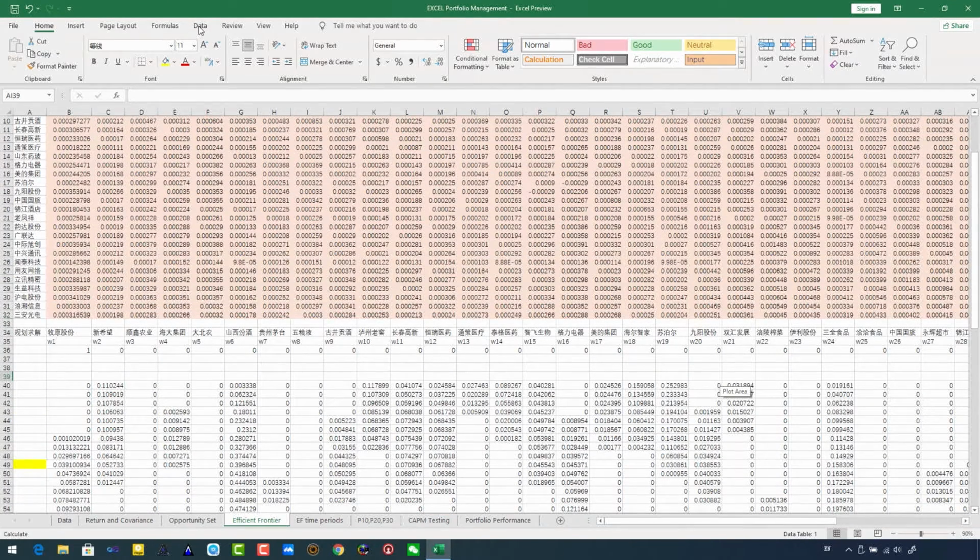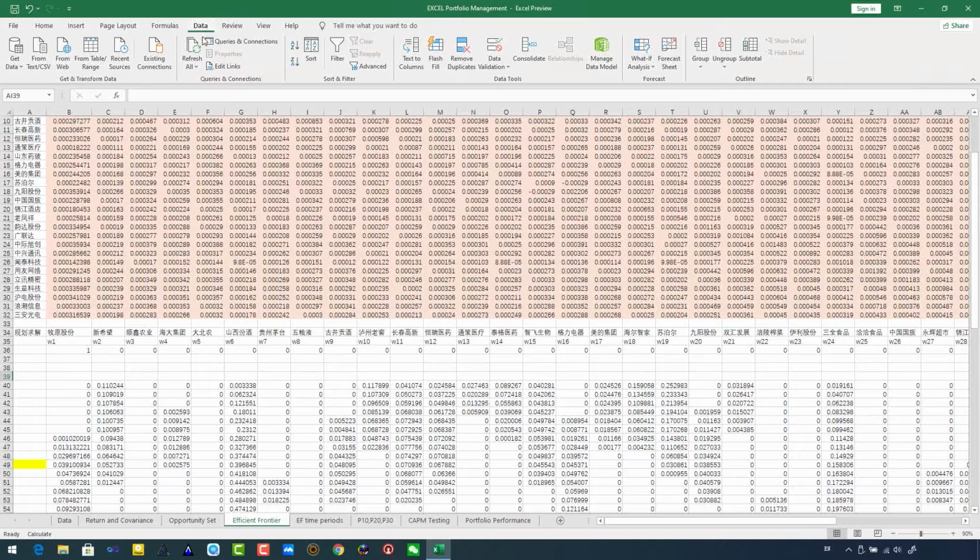So let's go to the data part. You click that and look on the right-hand side, is there a solver? There is none, and we need to add it in.